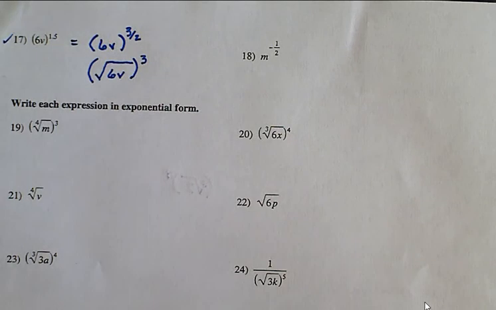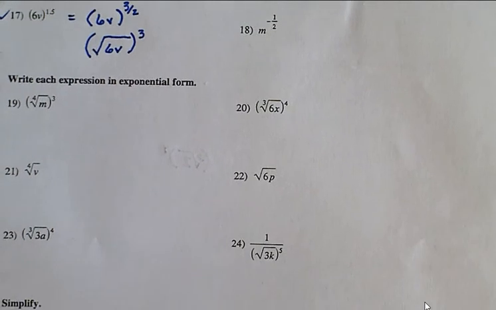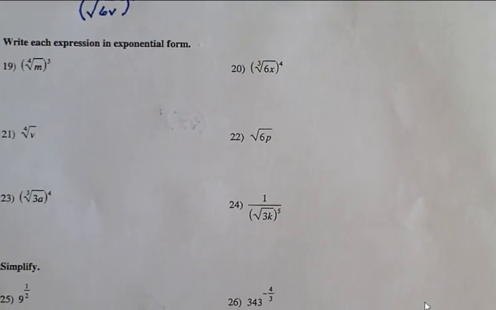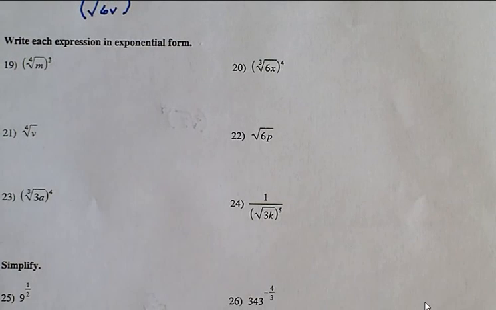Questions 19 through 24. They're going to mix it up a little bit. We're going backwards. We want to look at exponential form for each one of these examples. If you look at number 23, you're taking the cube root of 3a raised to the fourth power.